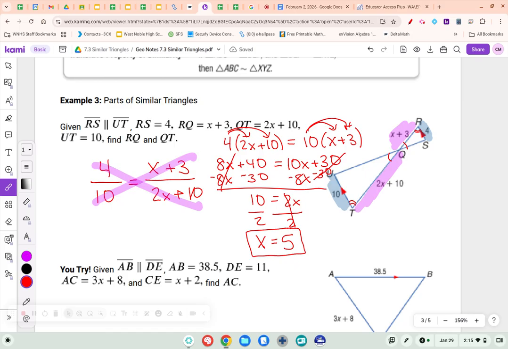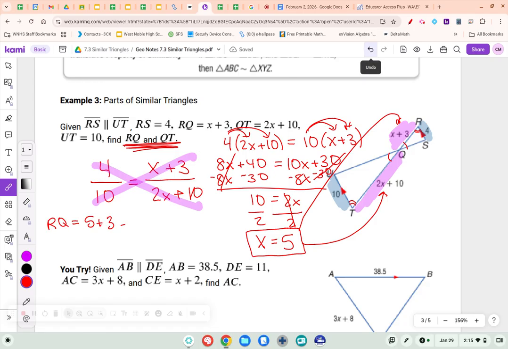Now, I boxed that answer, but that's not actually my answer. I didn't read the whole question to you, but it's asking for QR and QT. So QT is this algebra, and QR is this expression, so I need to plug that back in. So QR is 5 plus 3.